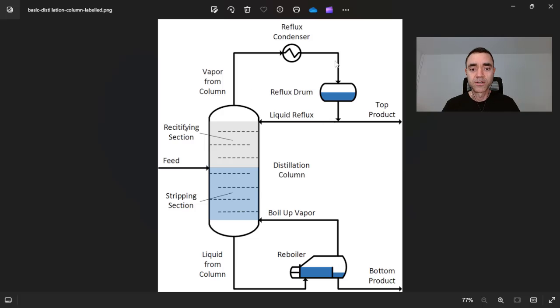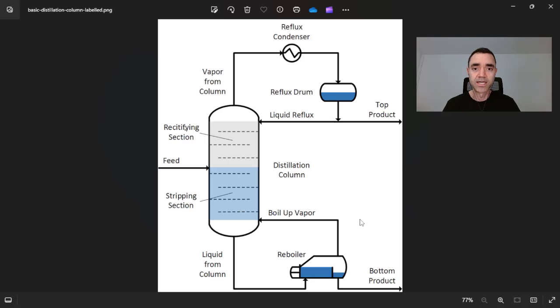the top of the column I have the distillate, that can be withdrawn as liquid or sometimes as vapor also. For adding the heat needed to boil the mixture and have the distillation, I use the equipment called reboiler, and the source of energy can be different.